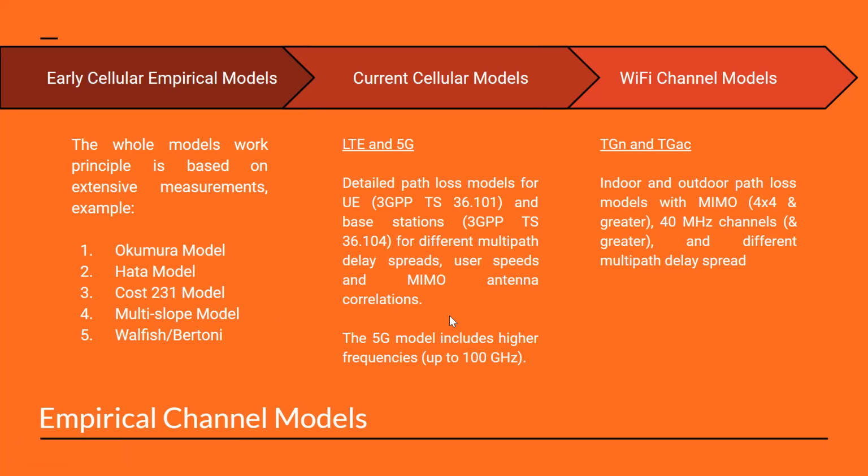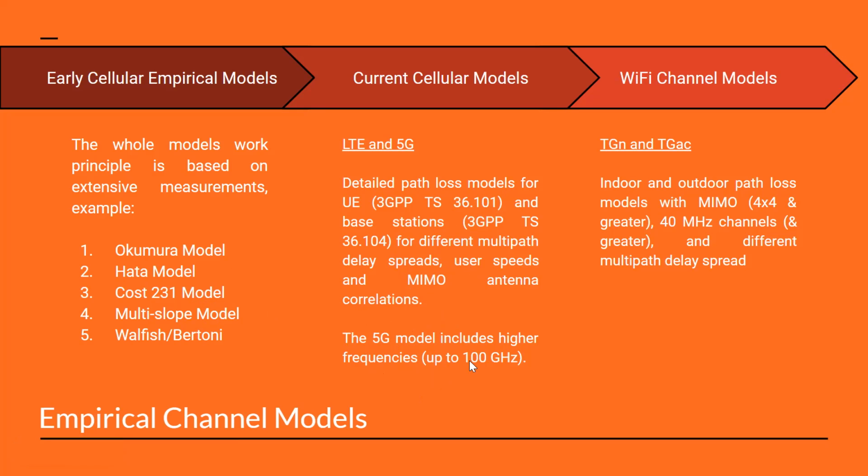Now we jump to the current models, where we have LTE and 5G. They detail path loss models for UE and base station for different multipath delay spread, user speed, and MIMO antenna correlation. Now, the developers have made the 5G model include higher frequency up to 100 gigahertz.